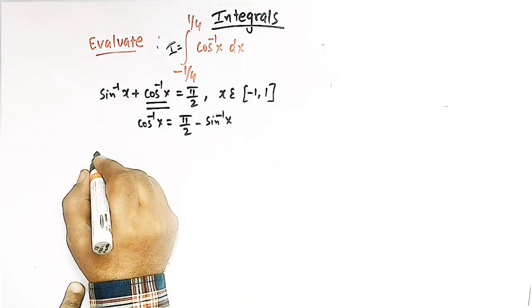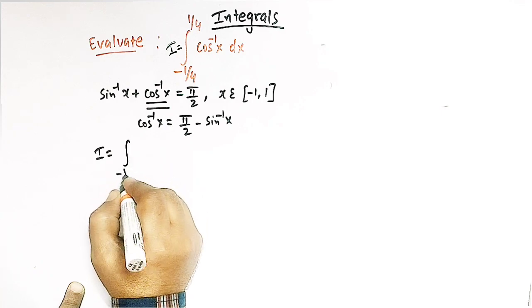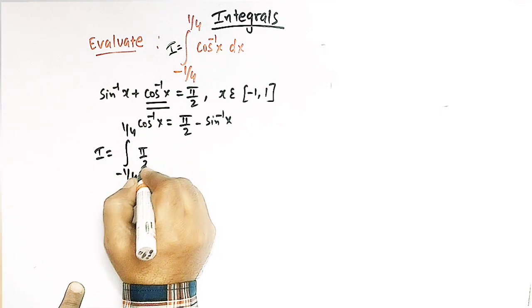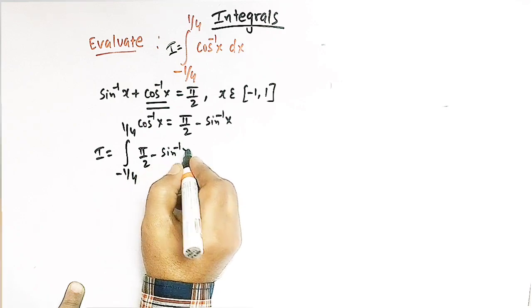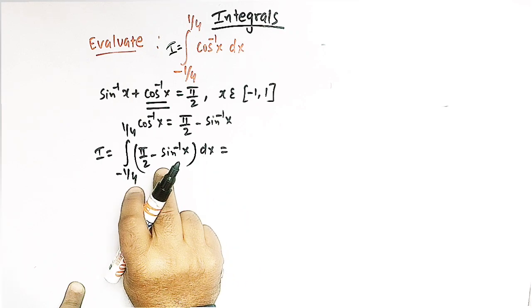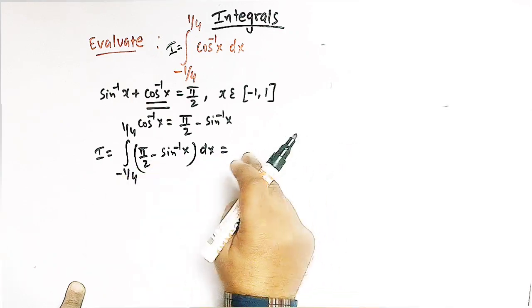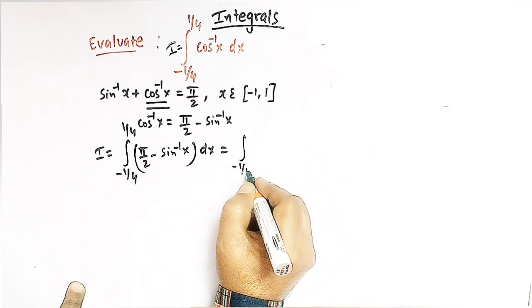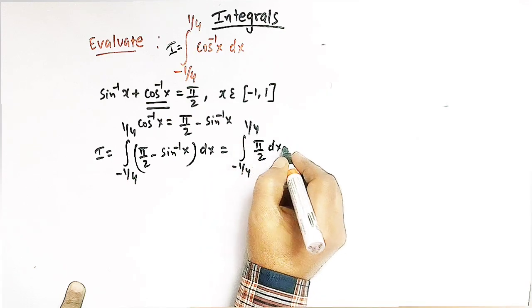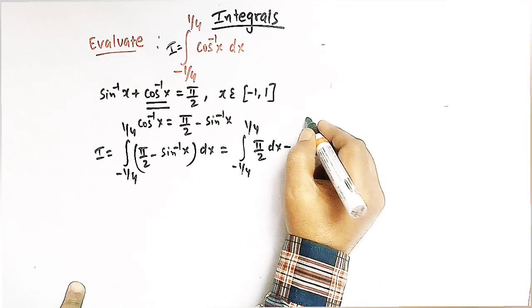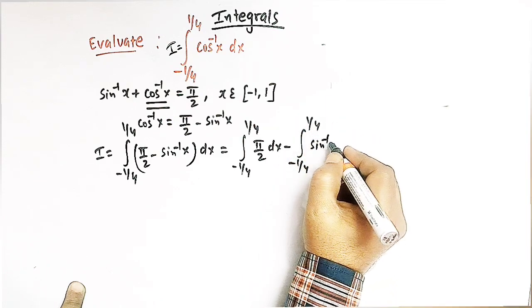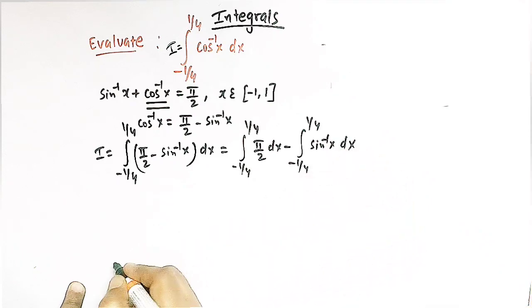Let us now write the integral I as the integral from minus 1 over 4 to 1 over 4 of pi by 2 minus sine inverse x dx. Now let us write this as a difference of two integrals: the integral from minus 1 over 4 to 1 over 4 of pi by 2 dx, minus the integral from minus 1 over 4 to 1 over 4 of sine inverse x dx.